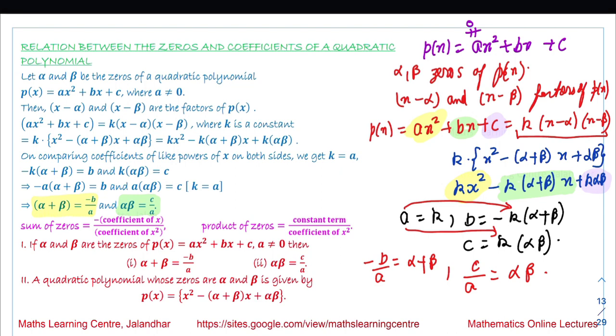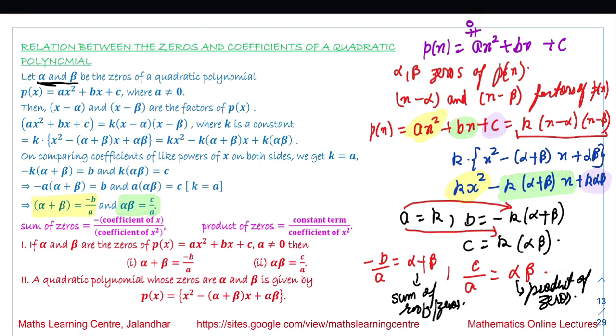So what does alpha plus beta mean? Alpha and beta are the zeros of the quadratic polynomial. So this is the sum of roots or sum of zeros, and this is the product of zeros. When we are talking about polynomials, we are talking about zeros.